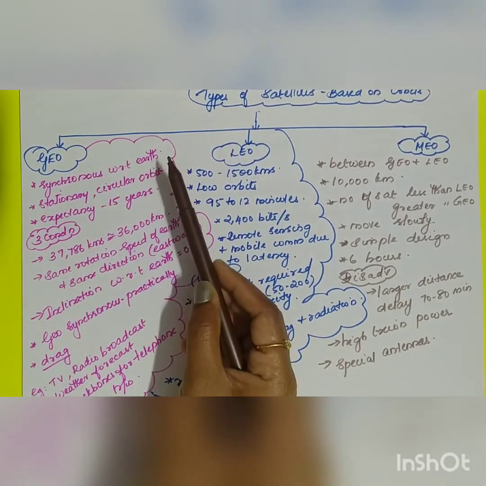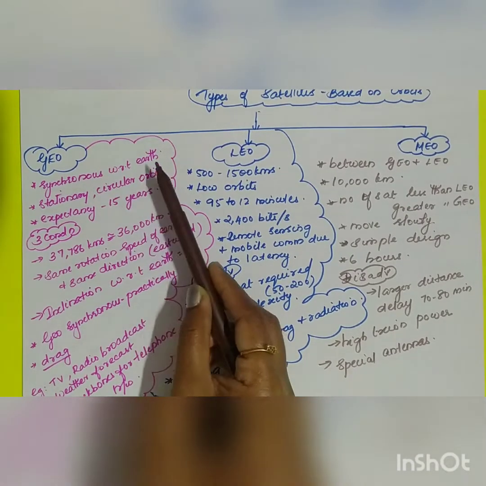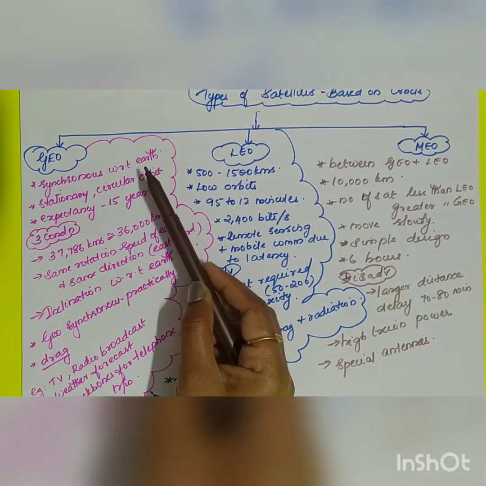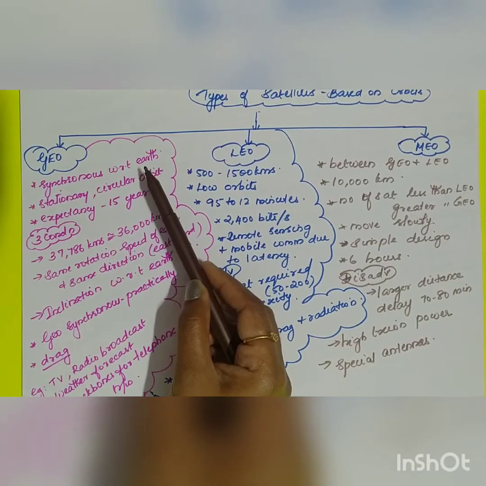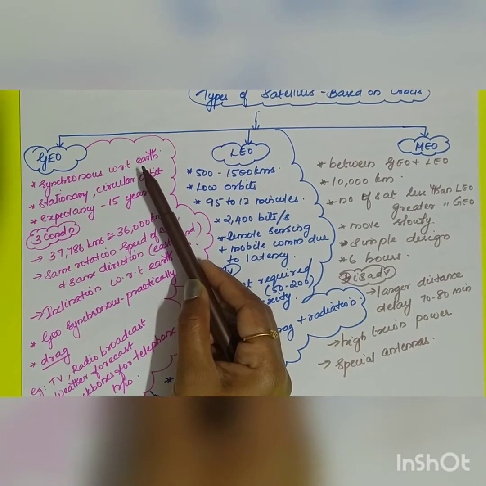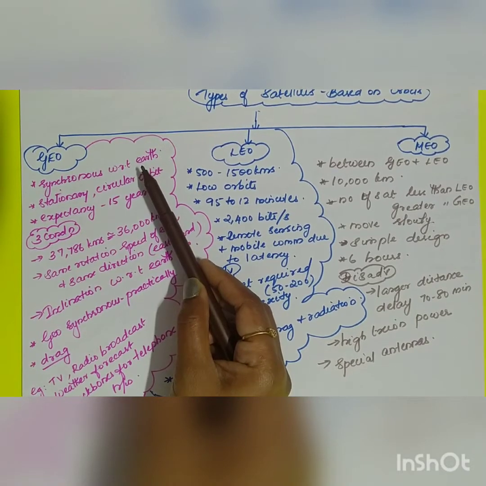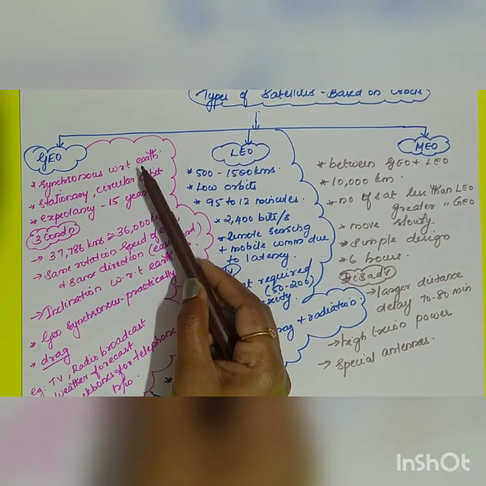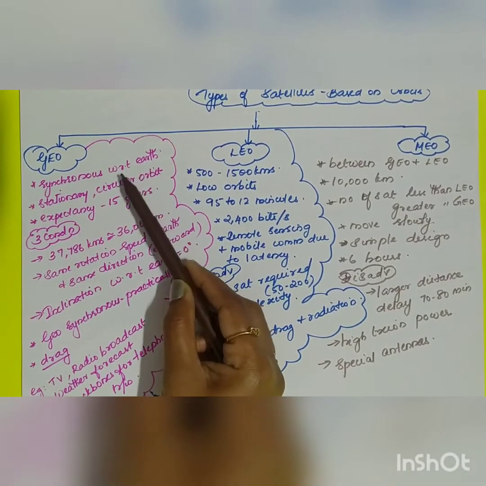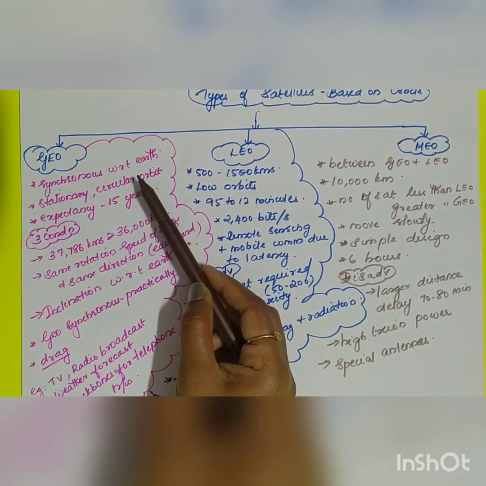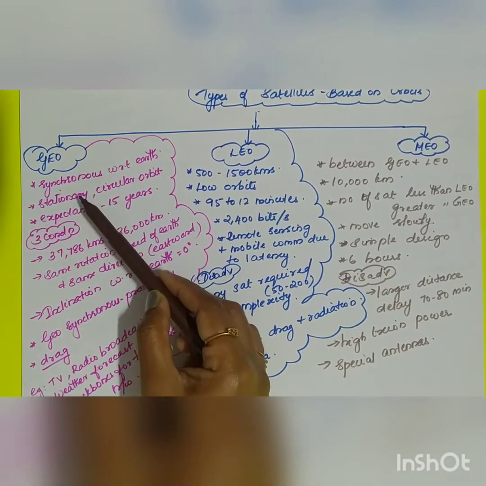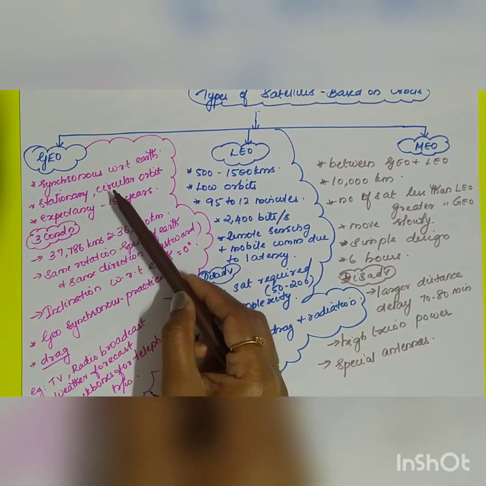When it rotates at the same speed as the Earth, it looks like it's stationary. For example, when we travel in a train, if another train crosses at the same speed as our train, we feel that we are stationary with respect to the other train. Similar to that, here your orbit is circular in shape, and since the speed is similar to the Earth's speed, it looks stationary. It's called a geostationary orbit.